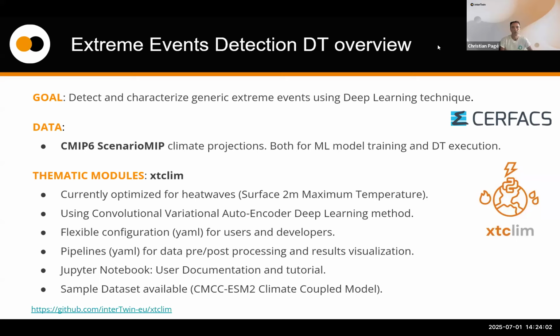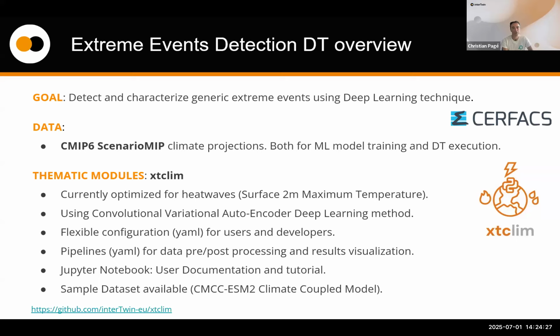The use of the iTwin AI that has been presented earlier by Donatello is enabling the development of this kind of application very fast, in fact, for the developer, because it offers a flexible configuration file in YAML format for users and developers.